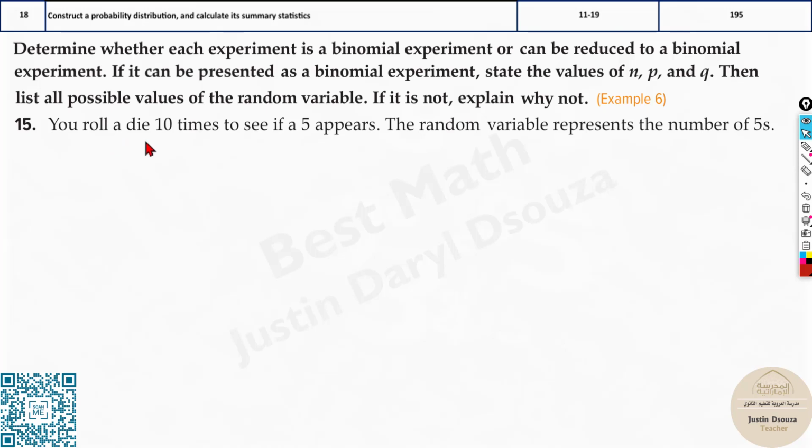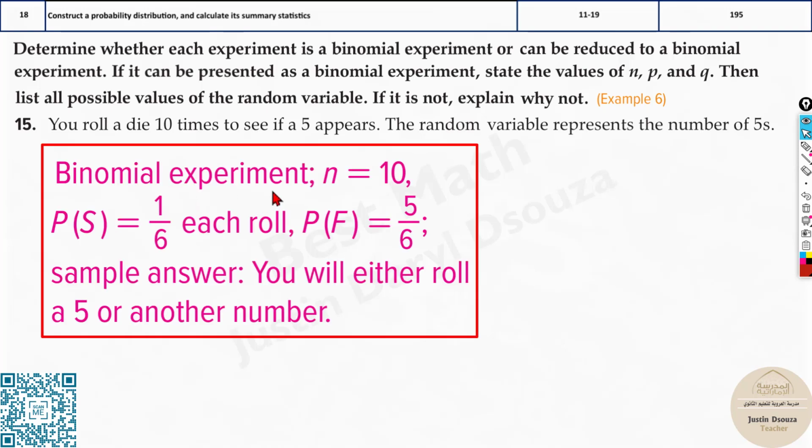It's the same thing. Now, this one, okay, you want to just see if a five appears. Only one. And if it doesn't appear, it's not going to appear. So yes, again, it's a binomial experiment. Why? Because it should be something like five or not five, or any other number. So yes, n is 10. And what is the probability of success here?